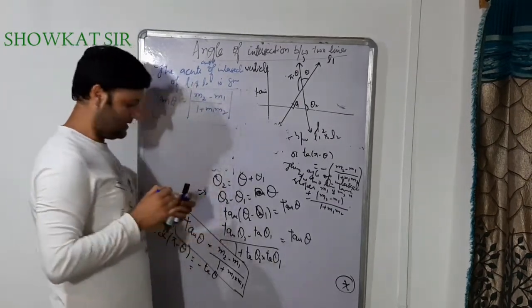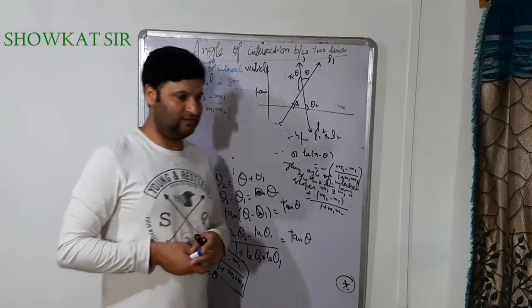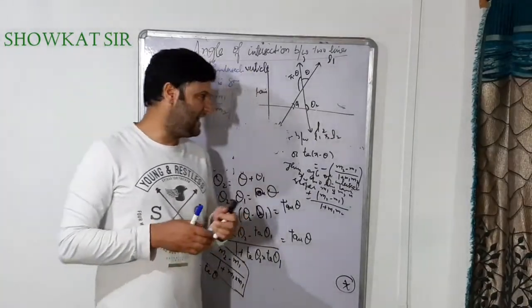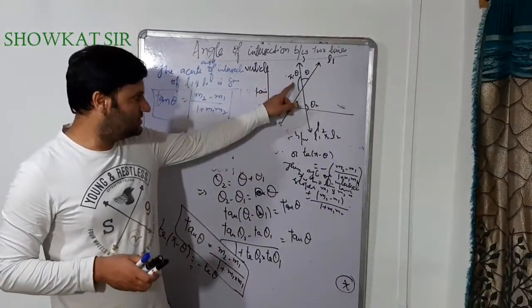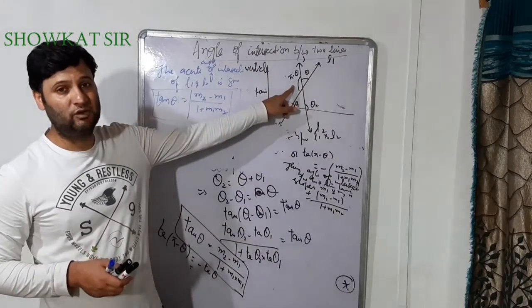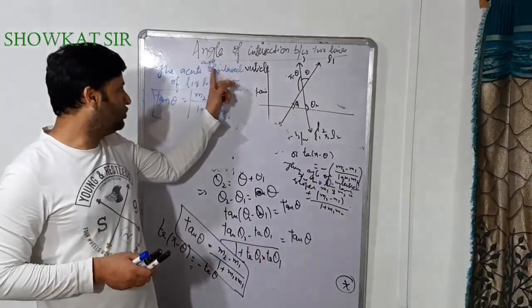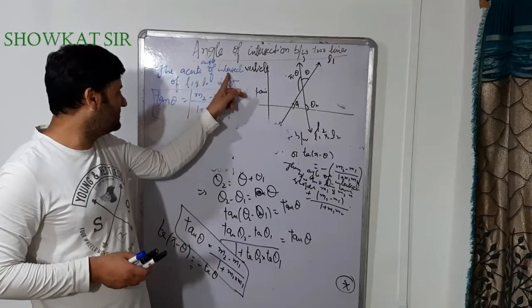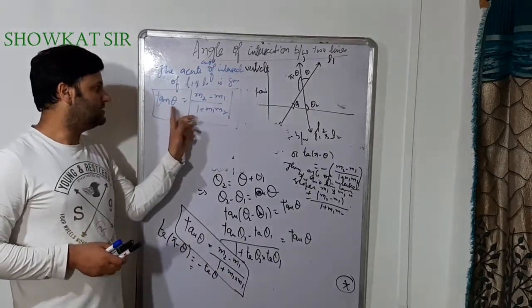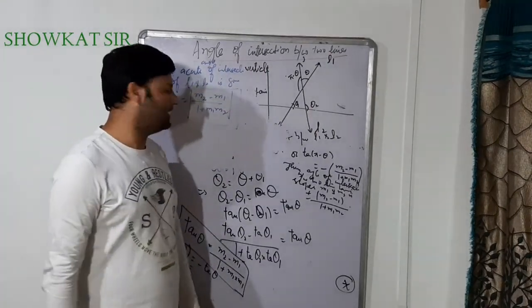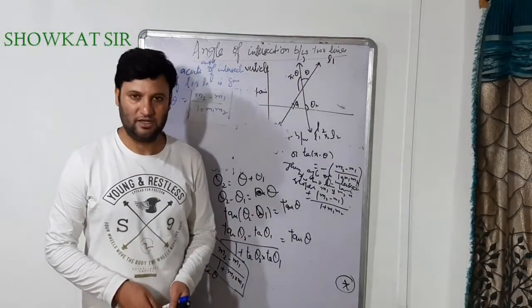Because when the angle of intersection is acute, tan theta will be positive, and when the angle of intersection is obtuse, tan theta will be negative. So that's why, when you have to determine the acute angle of intersection, it is given by tan theta equal to the absolute value of M2 minus M1 divided by 1 plus M1 M2.